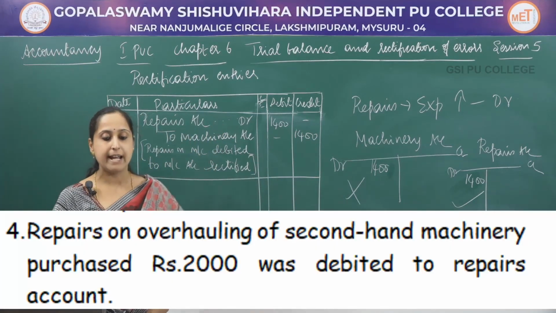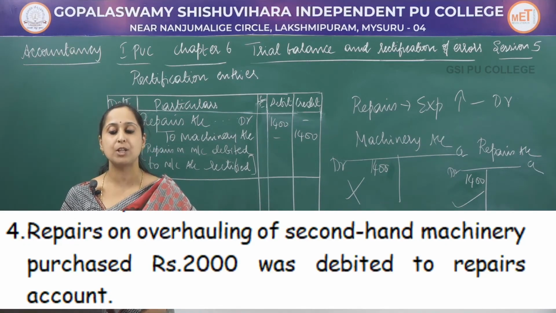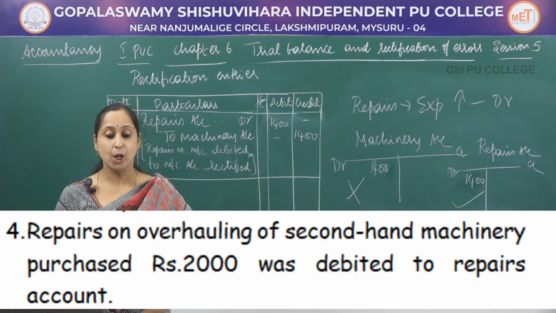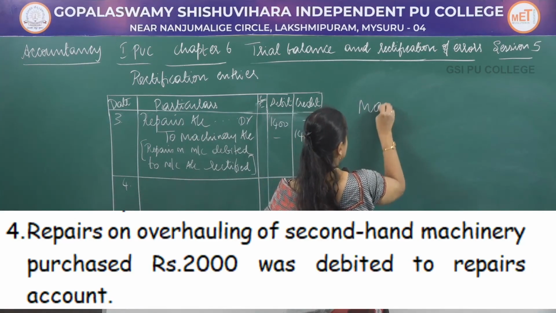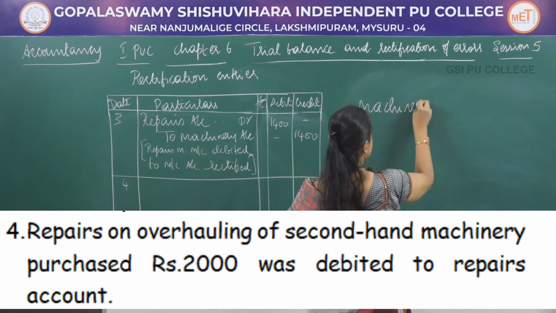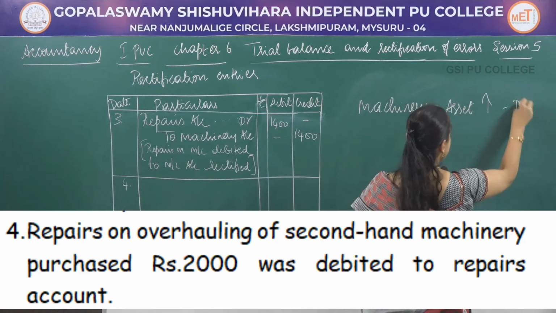Next one is repairs on overhauling of second-hand machinery purchased rupees 2000 was debited to repairs account. Here they have purchased machinery. So machinery, it is an asset. So increase in asset, it must be debited.